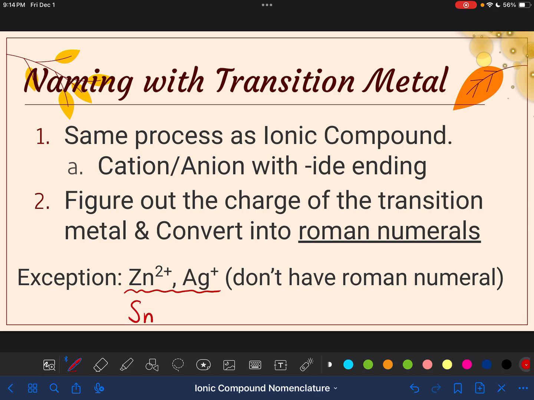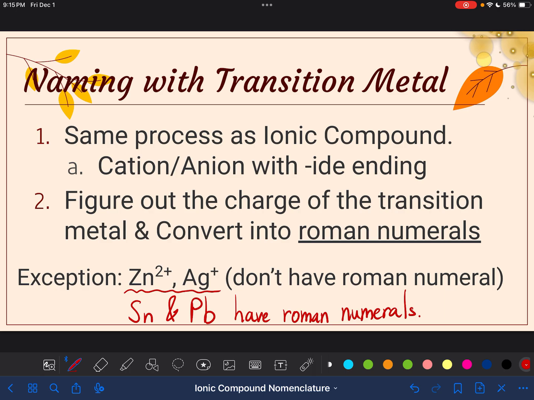Sn and Pb, so tin and lead, have Roman numerals. Now, they're not transition metals. They're called post-transition metals. However, those are the special cases. Even though they're not in the transition metal section, these two will have charges. Now, some teachers probably might teach you guys more exceptions, but this is all I'm going to mention for now.